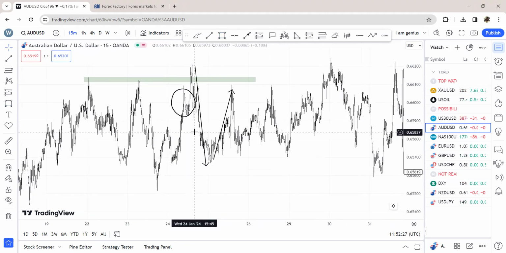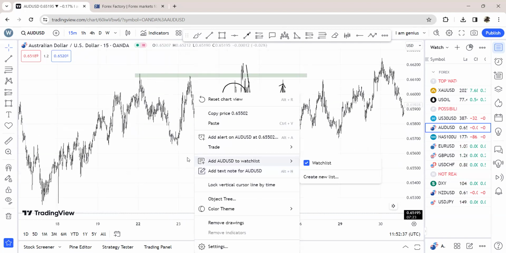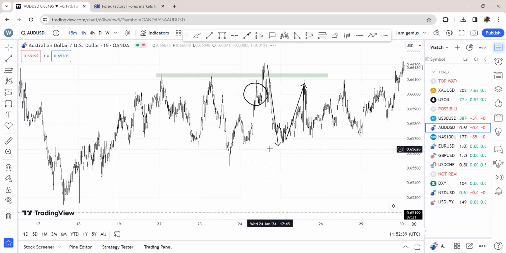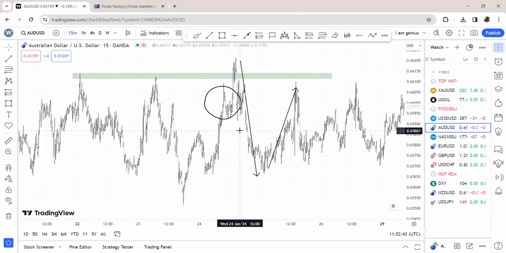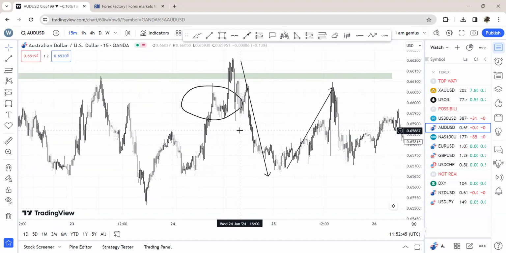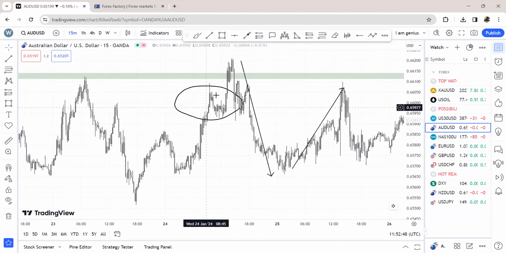By the way, support and resistance just mean the highest point the market has failed to break past, and the lowest point the market has been failing to go lower. So if I was to zoom in, you see that now this will make sense.